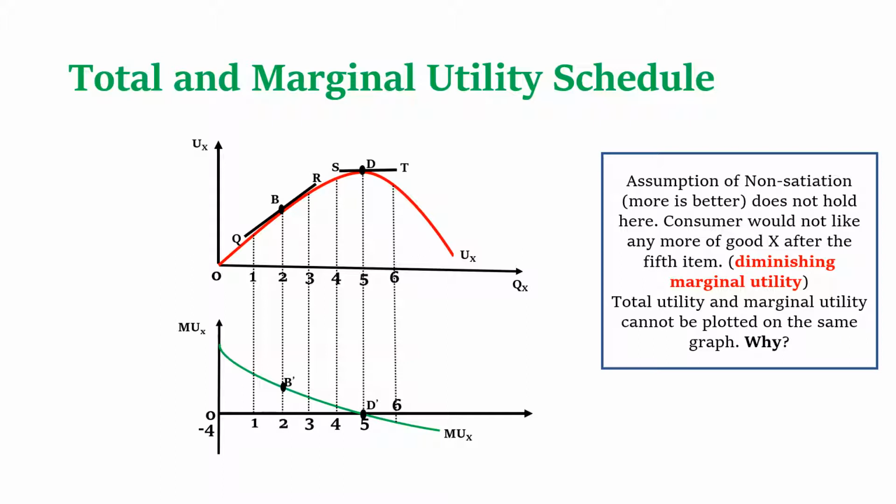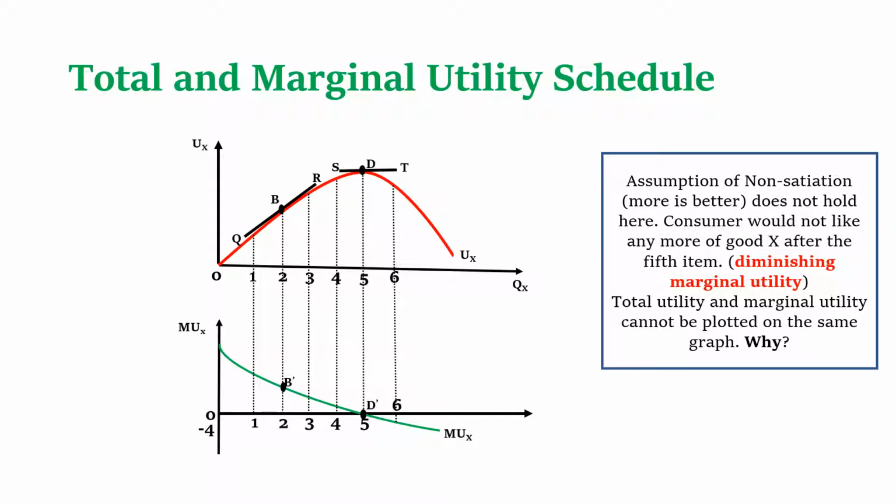The marginal utility is the additional utility derived from the consumption of an extra unit of the good, and it is equal to 0. So beyond that point, the consumer would not like to have any amount of the good. So the assumption of non-satiation here does not hold.